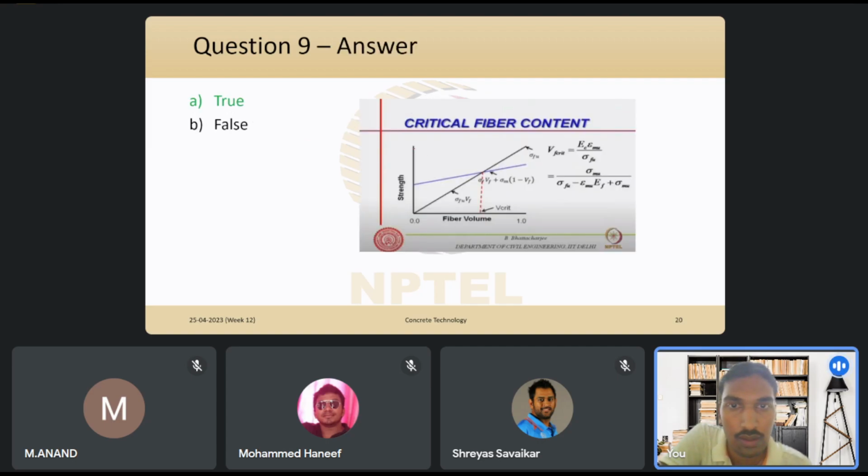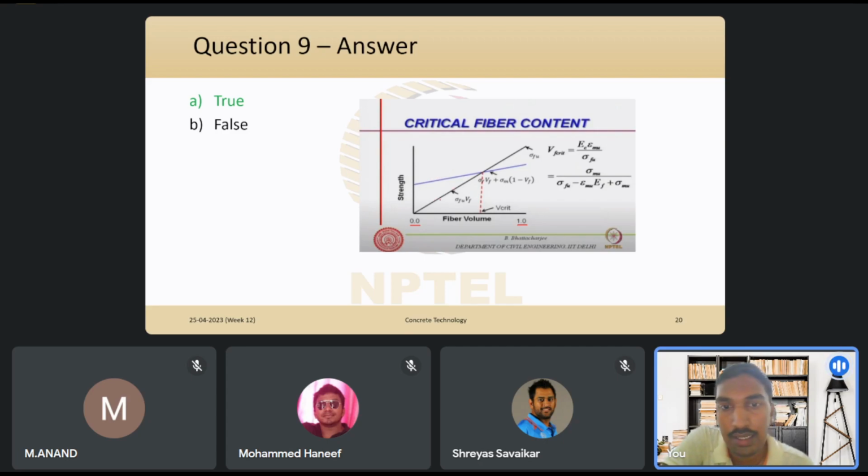If you remember, we looked at the relationship between the strength and the fiber volume, as a fraction of the total volume of your concrete, so it's between 0 and 1. This blue line is your fiber reinforced concrete. You have some proportion concrete and the remaining proportion fiber.